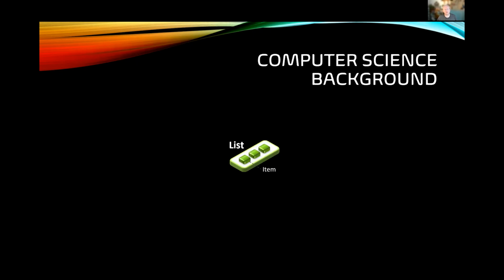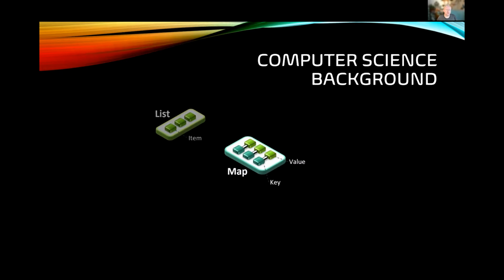So the first data structure is quite simply the list. And it's fairly simple. It just holds a bunch of items. The next data structure would be a map, where we extend this idea and we associate a key with some value. And this allows us to perform lookups and map items of data together.